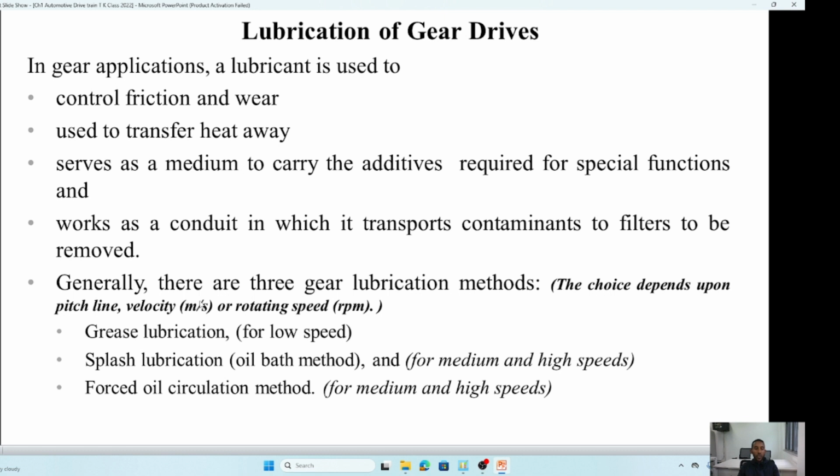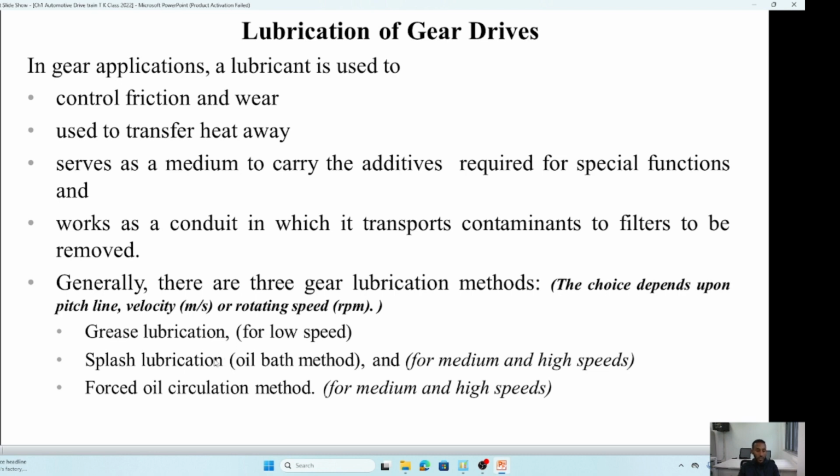Generally, gears require different lubrication methods depending on the pitch line velocity or rotational speed, which means according to the speed, we must select the type of lubricant. For example, grease lubrication is preferable for lower speed applications because it is highly viscous.